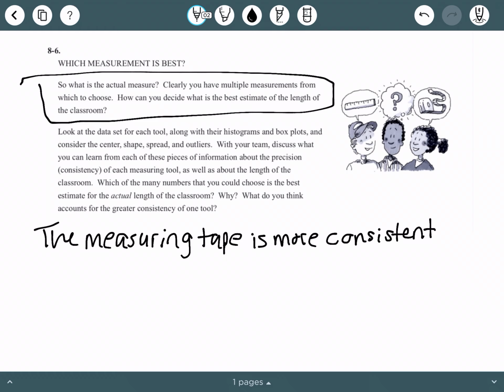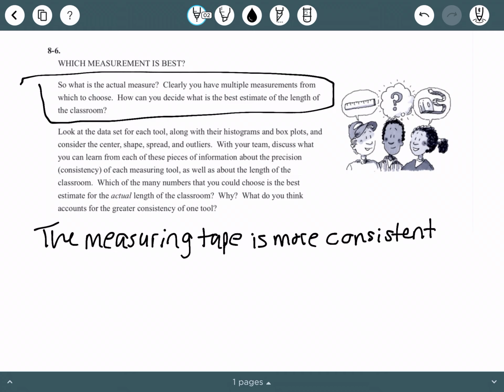which means that the people who are using the measuring tape to measure most often get numbers that are closer to each other.